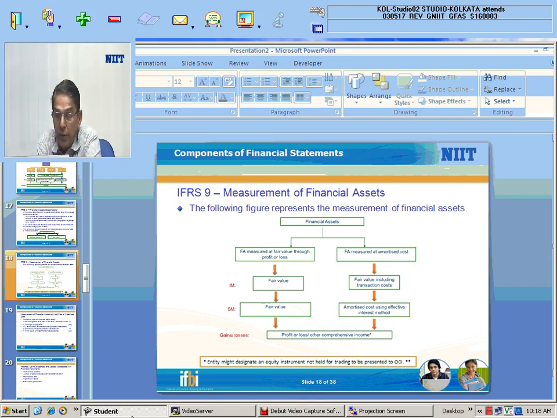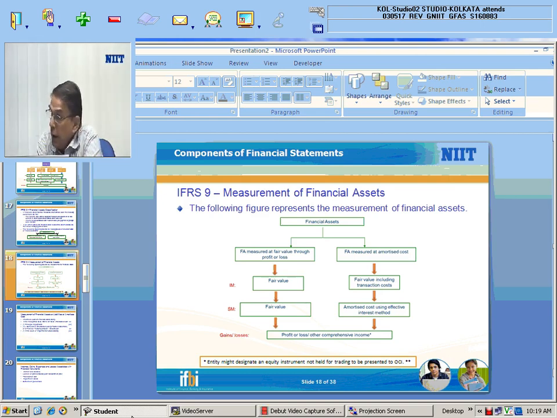If the entity has invested in equity instruments of another entity which are not held for trading purposes, the difference between the initial measurement and subsequent measurement can be transferred to other comprehensive income instead of the profit and loss account. For financial assets measured at amortized cost, initial measurement will be at fair value including the transaction cost.